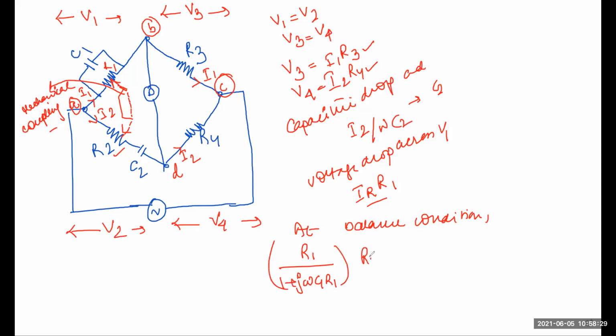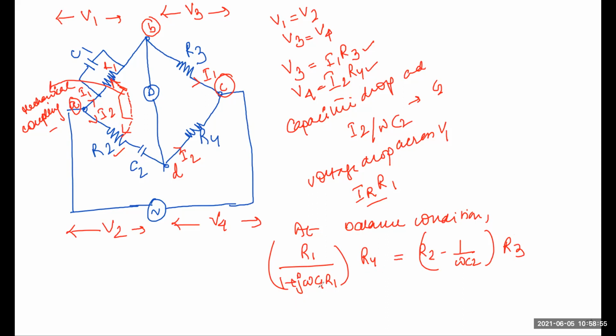Multiplied by R4 because the formula is Z1 Z4 equal to Z2 Z3. So in place of Z2, what can I write? In place of Z2, I think this will be somehow R2 minus j by omega C2, okay? And here we will write R3. So once you equate the real part, then what you will get?